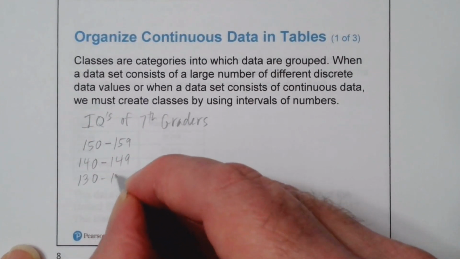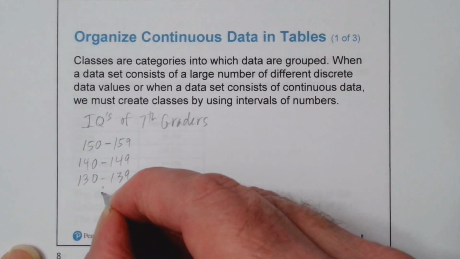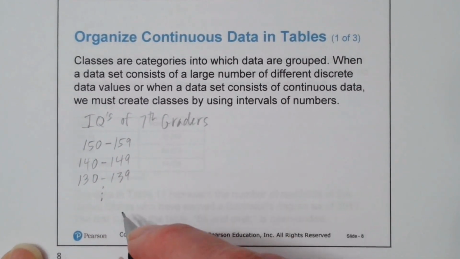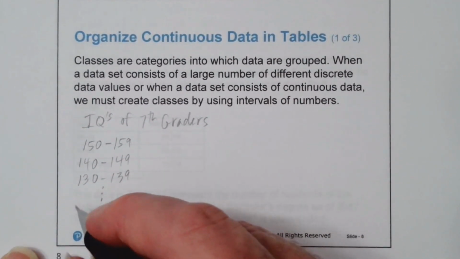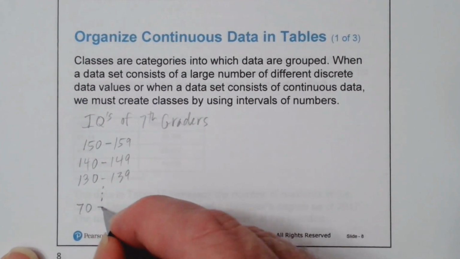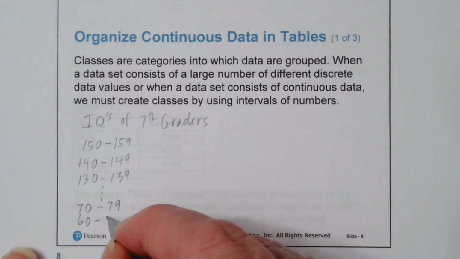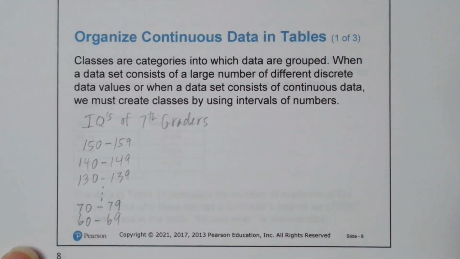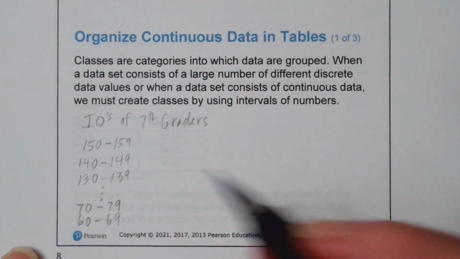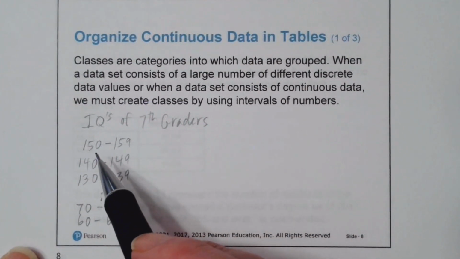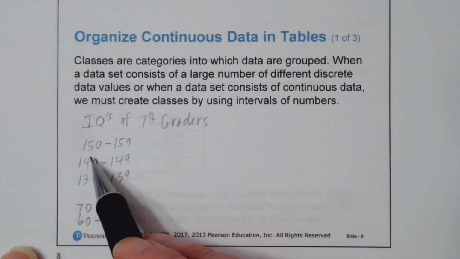130 to 139. And I won't write them all out. We don't normally do this, but I'm just trying to save some time. And the last ones were 70 to 79 and 60 to 69. And so these are our classes. And notice the range of numbers.